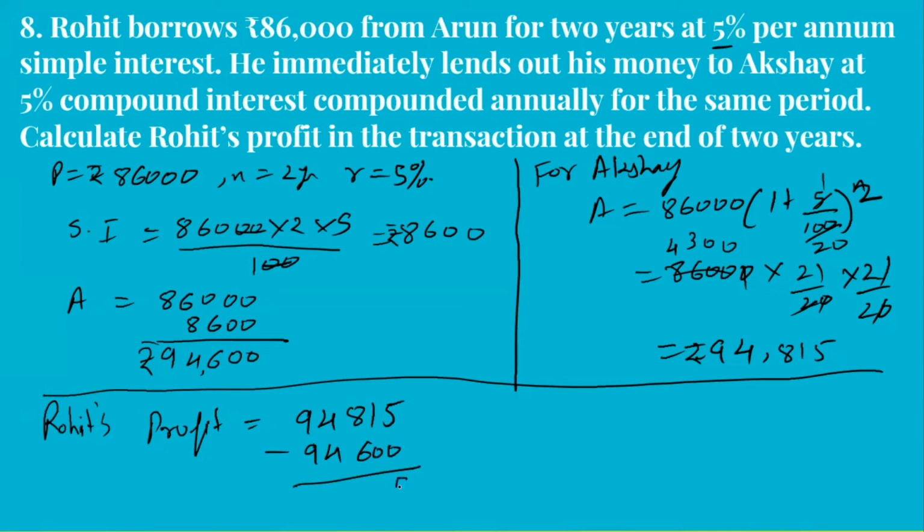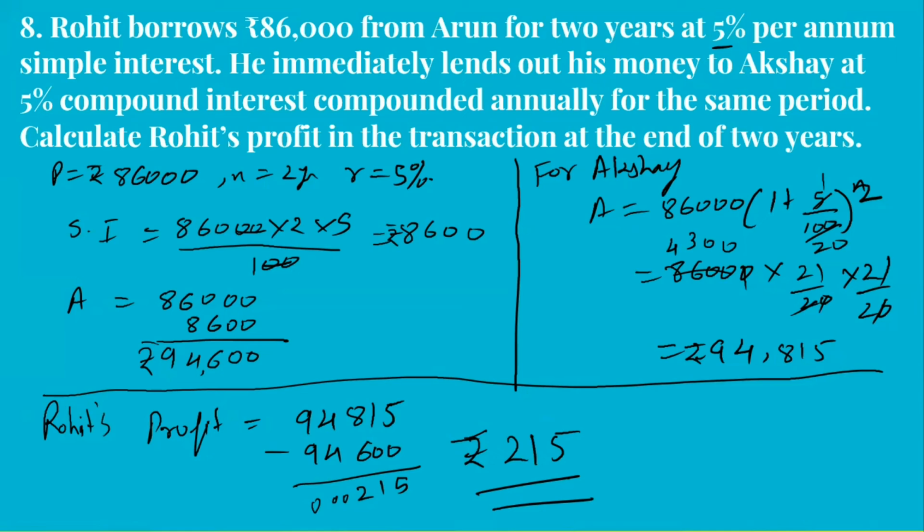Let us subtract this. 5, 1, 8 minus 6 is 2. Okay. So he is going to get the profit of rupees 215. Got it? Easy. So see the business. He borrowed from Arun for 2 years at simple interest and he gave to Akshay at the compound interest. So compound interest is always more than the simple interest.